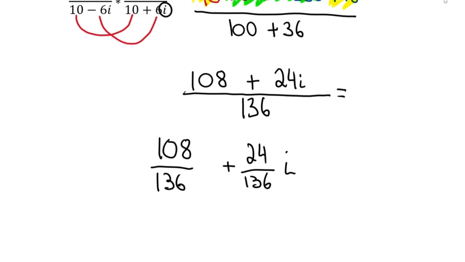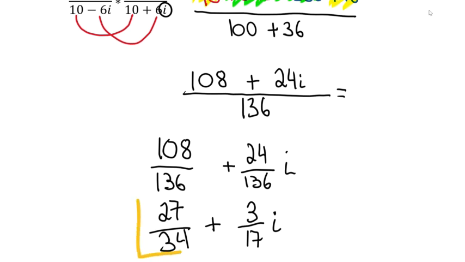Remember that if you can ever simplify the fraction, we should always try to simplify. In this case, we can simplify 108 over 136 into 27 over 34 plus 24 divided by 136, which can be 3 over 17i. And there we have our answer in the simplest of possible forms.